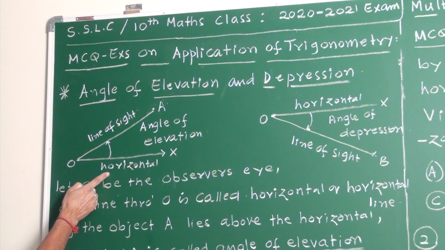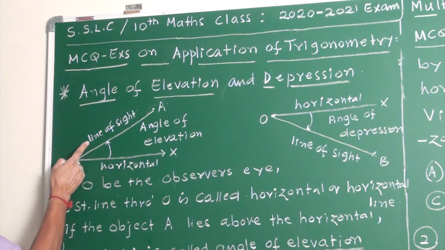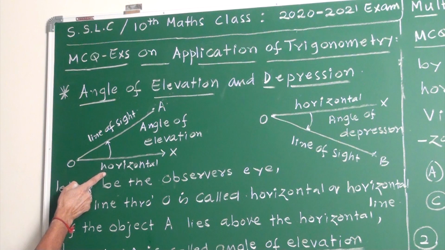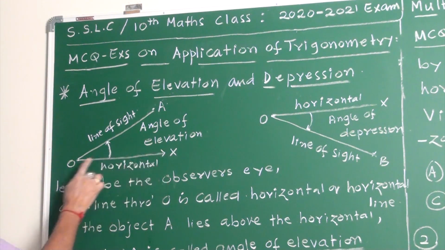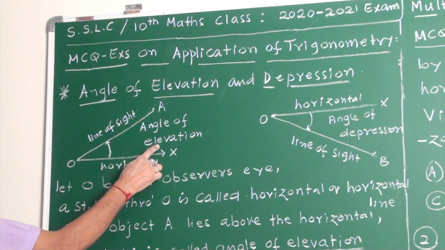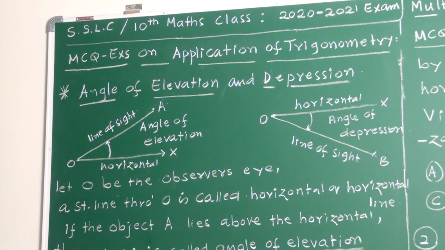This is the horizontal line. Then the angle formed by the line of sight with the horizontal, this angle XOA, is known as angle of elevation.